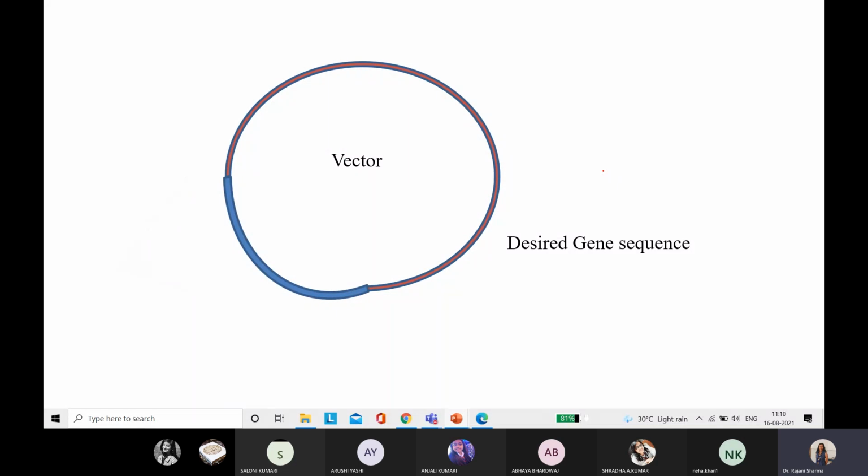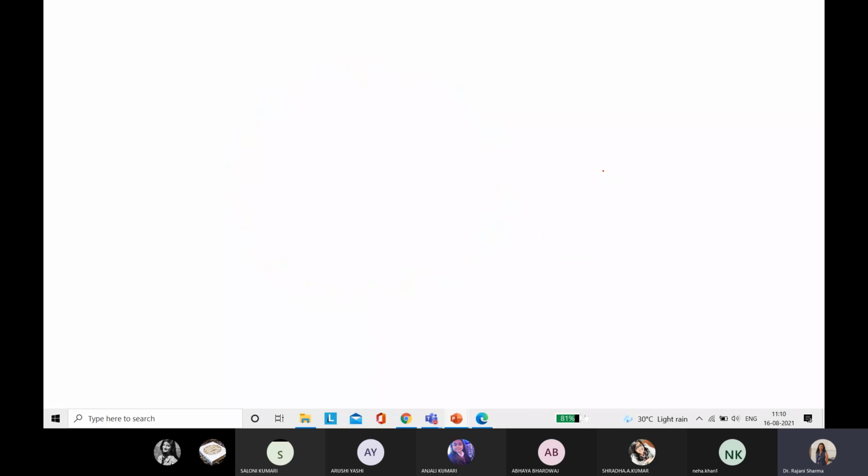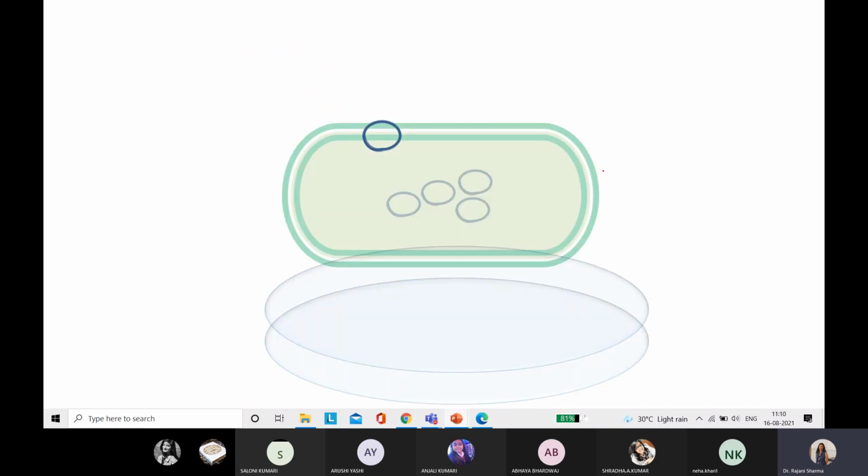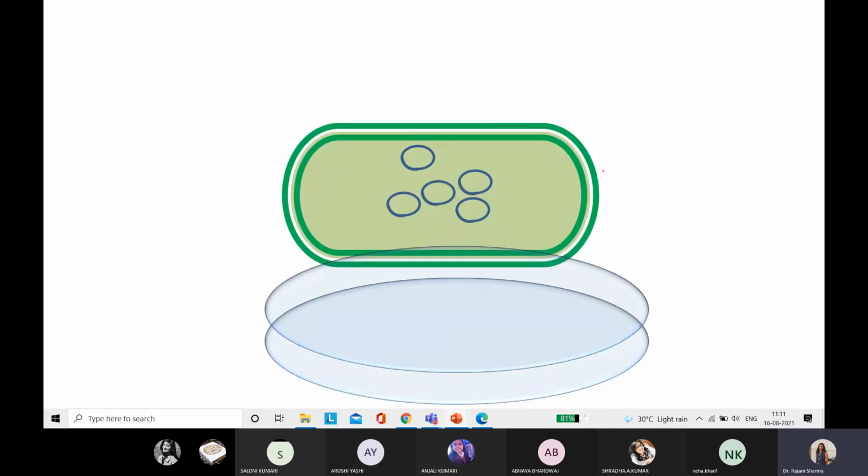Now we have a recombinant vector carrying our desired gene sequence. After that, we will transmit the vector along with the gene inside the bacterium or some other cells, from where we can isolate a large amount of our desired gene product.